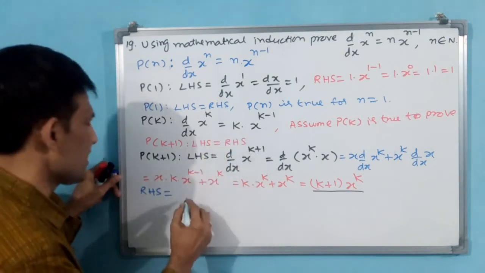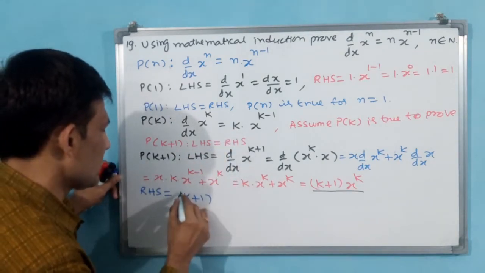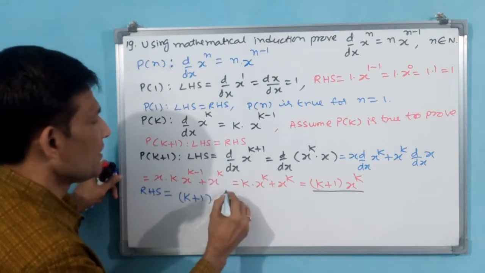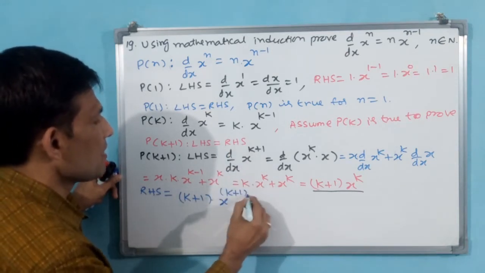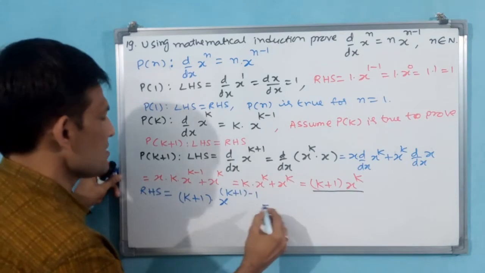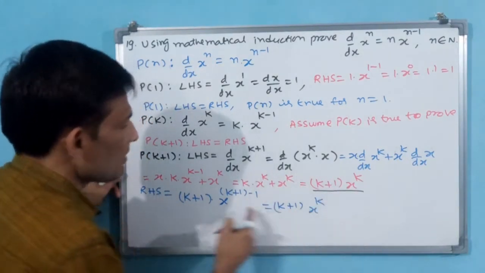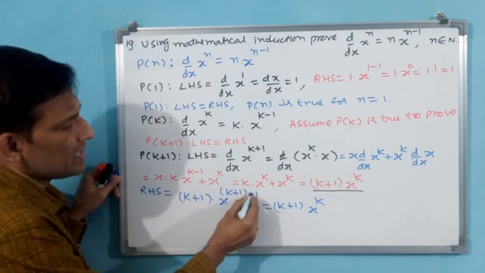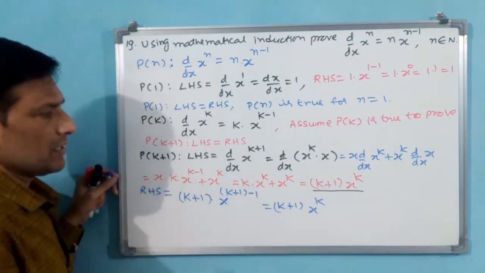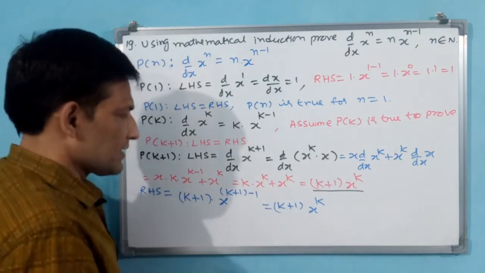See here k is there, write down k plus 1 into x power k plus 1 minus 1. That is equal to k plus 1 into x power k. Why? Because plus 1 minus 1 are going to get cancelled. Now you see here both are same.